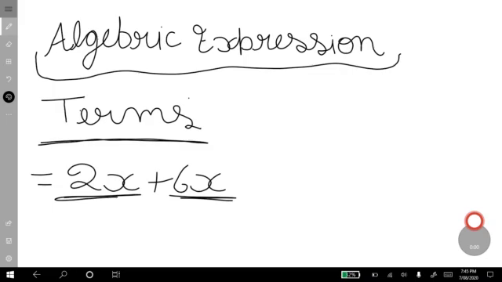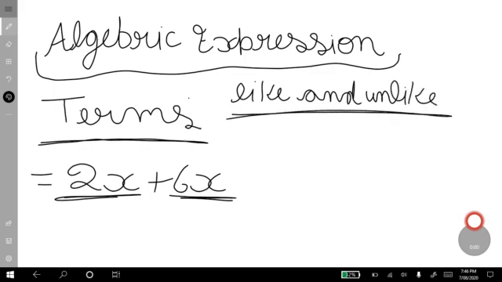One is 2x and the other one is 6x. But there are also two types of terms: like and unlike. First I'm doing the like.